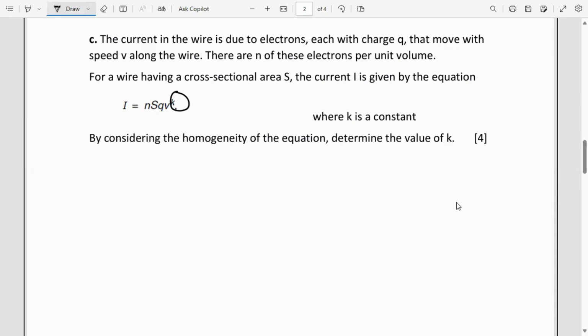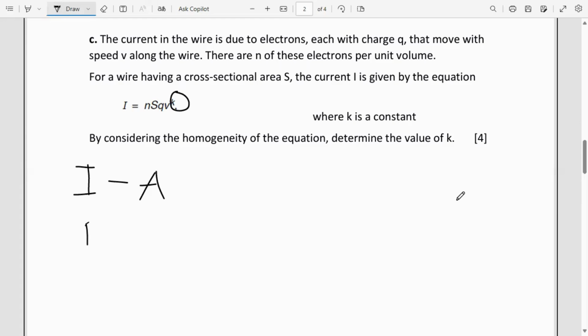They've given us current, represented by I. Current is measured in amperes, or amps, whatever you can call it.